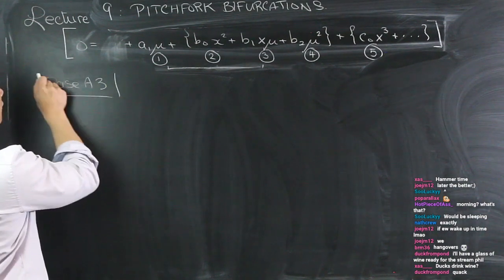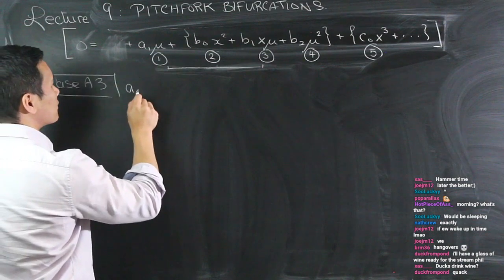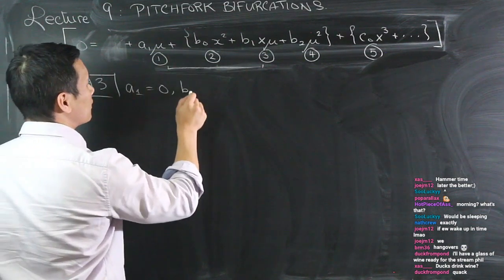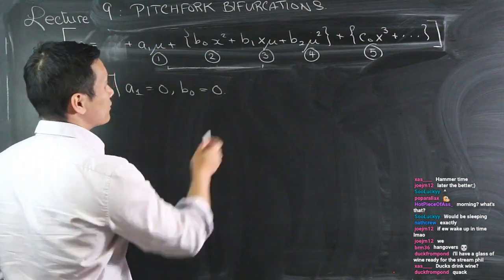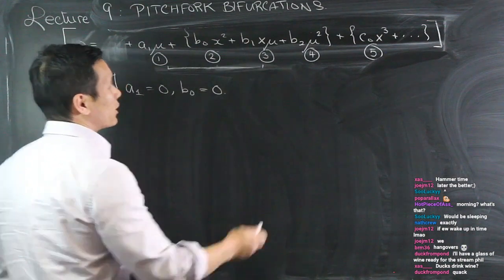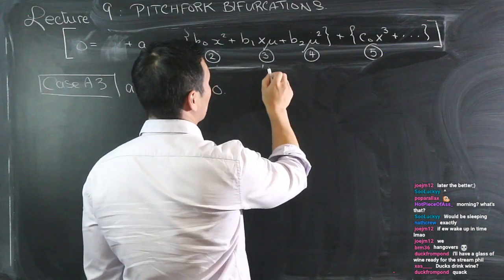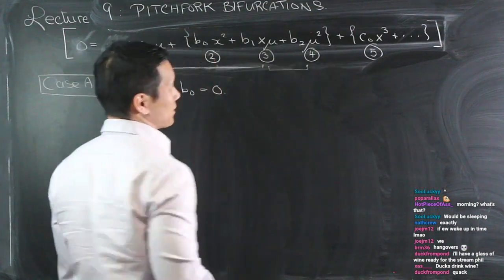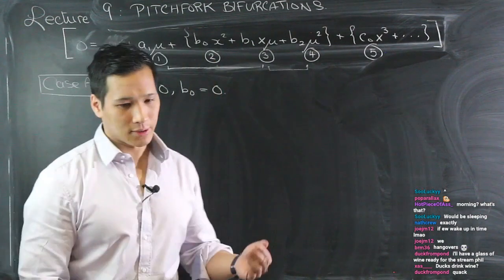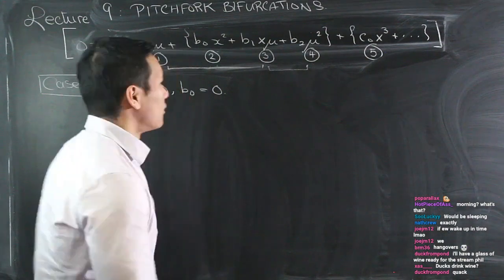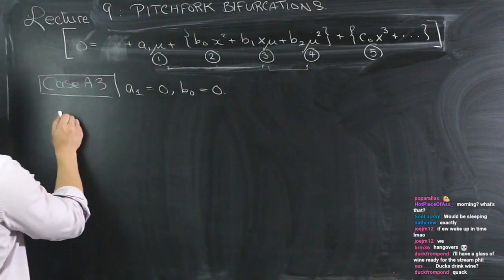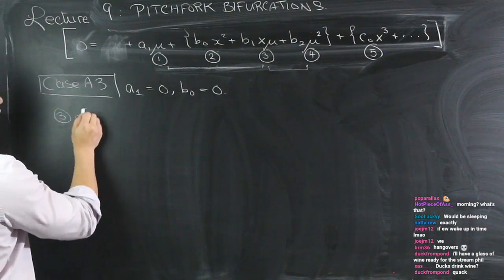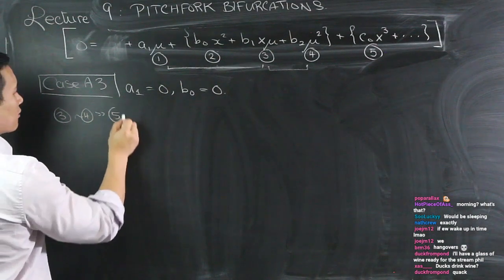In case A3, you assume that A1 is equal to 0 and B0 is equal to 0, and that leaves you with 3, 4, 5. We had discussed that the most obvious balance is a 3-4 balance if you have 3, 4, 5, because you don't typically think of that cubic as coming into the game. So you balance 3 and 4 together, and you assume that's bigger than 5, 6, and so on.